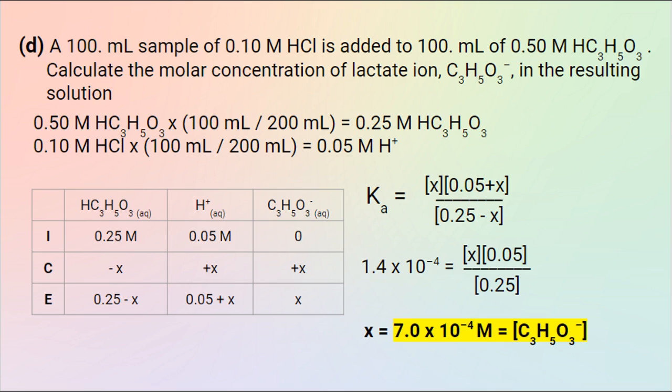But for this case, we can ignore the x, and so we have 0.05x over 0.25, and then we can solve that algebraically to isolate x by multiplying 1.4 times 10 to the negative 4 by 0.25 and dividing it by 0.05. And so for x, we get 7 times 10 to the negative 4 molarity, which would be the concentration of the lactate ion C3H5O3 minus.